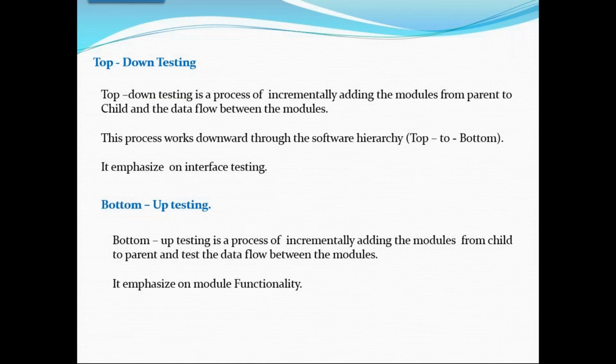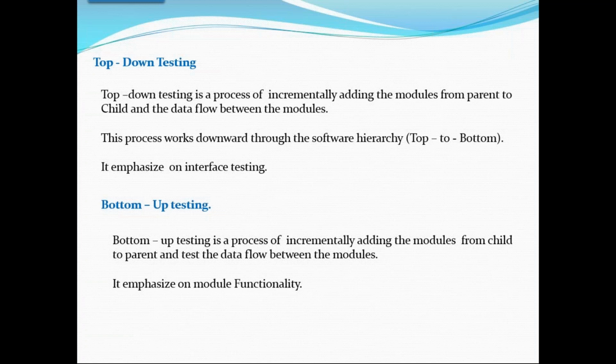Top down testing is a process of incrementally adding the modules from the parent to the child and checking the data flow between the modules. Sometimes under mobiles there are plenty of companies, and under the companies there are series or versions. Under the series, again you need to check whether those series are working correctly or not. That is very important. That is top down testing.